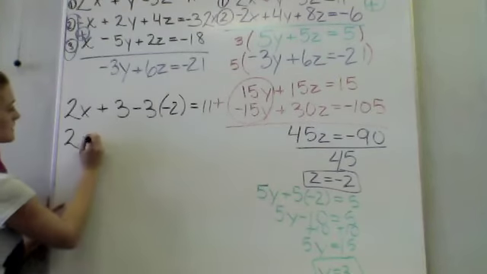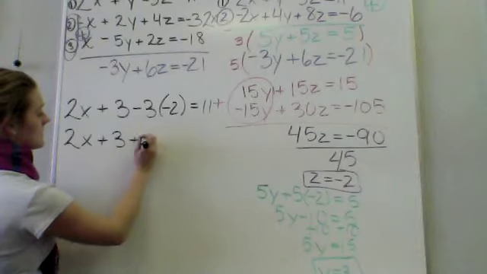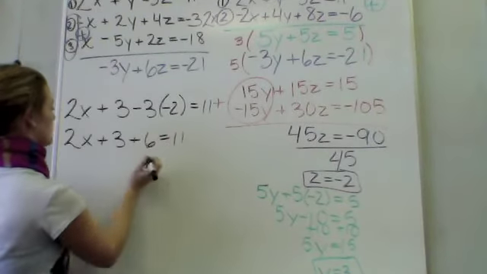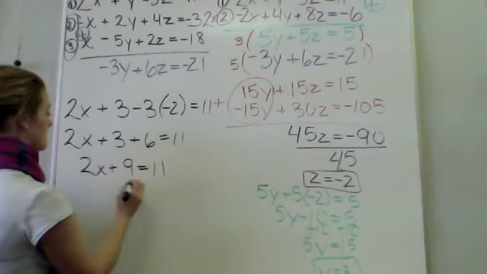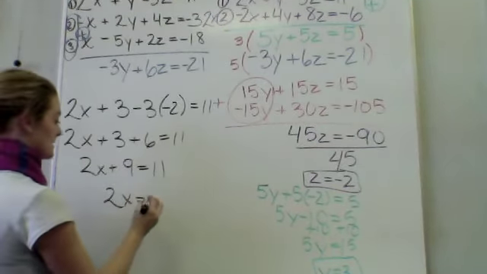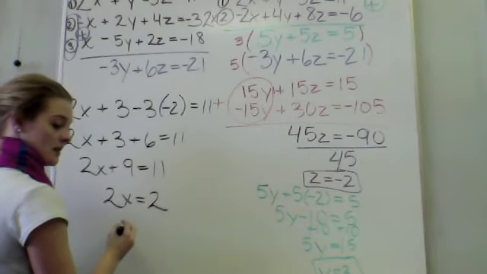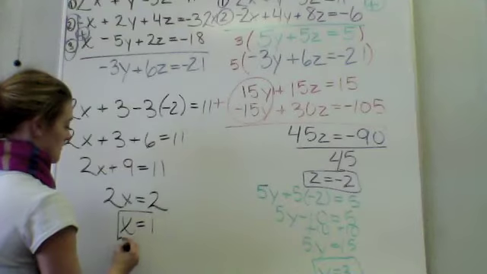So we have 2x plus 3. Negative 3 times negative 2 is going to be plus 6. So we have 2x plus 9 equals 11. We're going to subtract 9 from both sides: 2x equals 2. Therefore, when I divide both sides by 2, x is equal to 1.